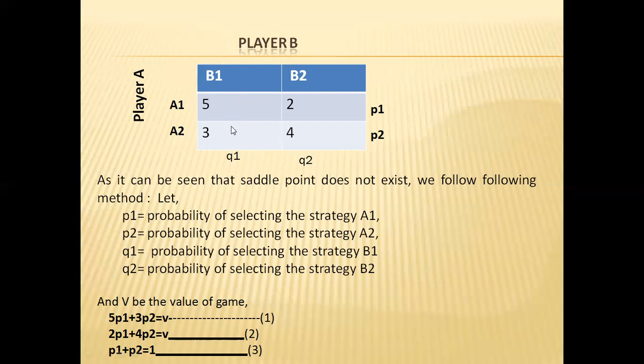Based upon column 1, B1, we need a probability of selecting B1, and its maximum number. Upon calculation, considering 3 and 5, it is 5. Let us assume that Q1 is the probability of selecting strategy B1, and similarly for column 2, the maximum number, the probability of selecting B2, is Q2.